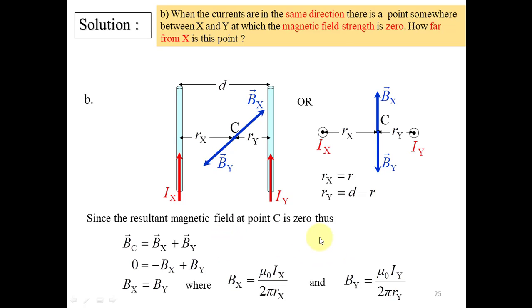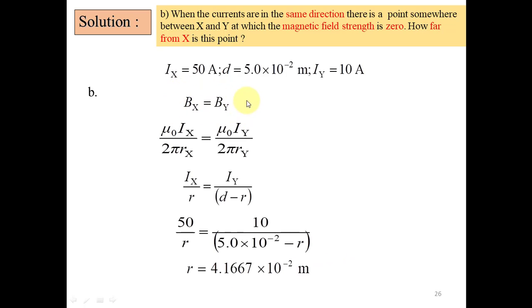Using the formula, mu naught Ix over 2 pi Rx equals mu naught Iy over 2 pi Ry. So mu naught and 2 pi can be cancelled out, and we just leave the current of x, current of y, R, and D minus R.